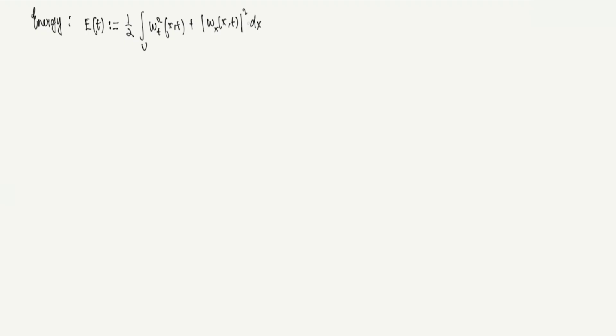Clear? And this is for any 0 less than t less than T. Essentially I am just writing down the total energy of the system in terms of the potential and the kinetic energy.